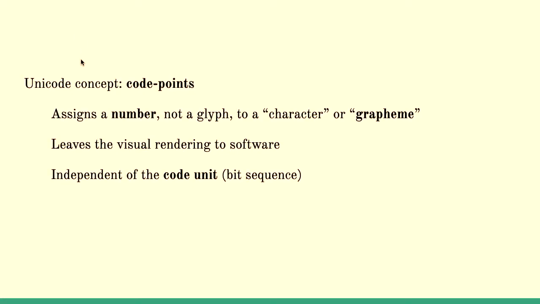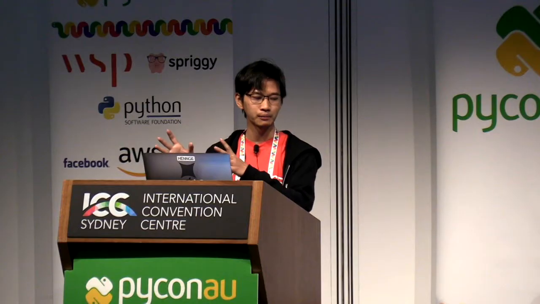Here there's a unique concept called code points. Unicode doesn't actually transform the letters themselves into numbers, but first they assign the letters to specific code points, which are numbers, and then those numbers are transformed into bits.